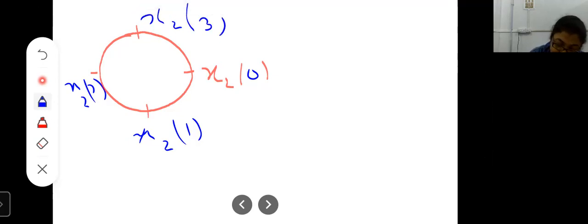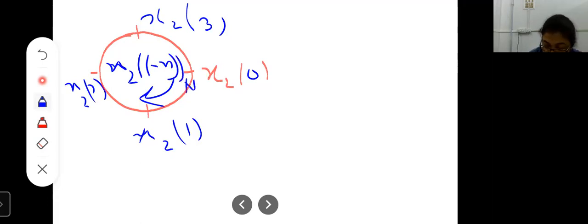So we are putting the values clockwise now, and inside this circle we can write x2((-n)) modulo N, here capital N. This way you can write. So this is your reversing.